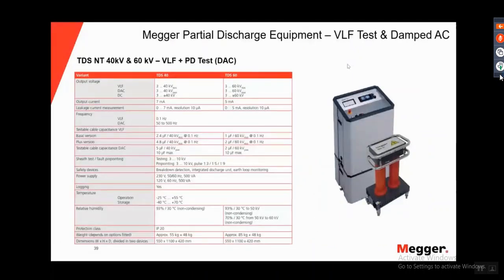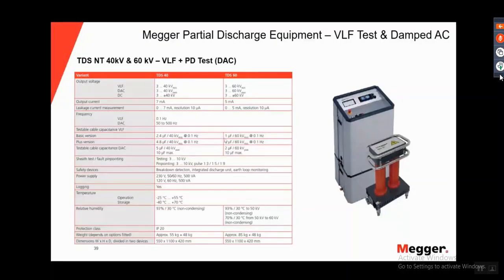The next units we have at Megger are the TDS-NT 40 kV and 60 kV. We have two models: the TDS-NT 40 is for 15 and 25 kV cables, and the TDS-NT 60 is for 15, 25, and 35 kV cables. In the TDS-NT models, we have two versions. The basic version for the TDS-40 has 2.4 microfarads, and the plus version has 4.8 microfarads.